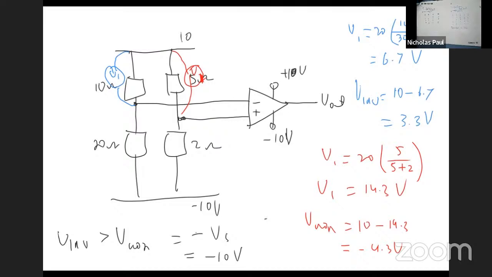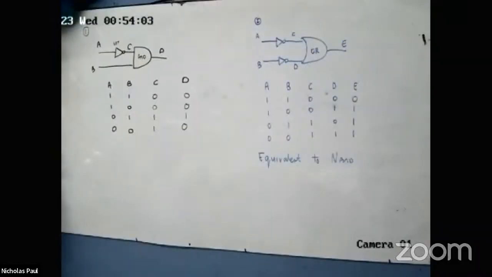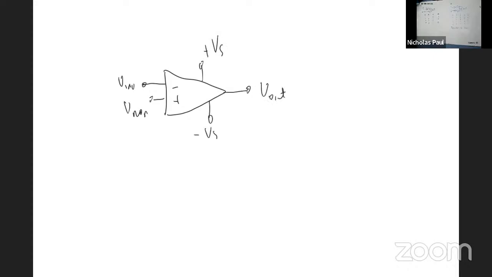So now we're going to move away from comparators. Oh wait, no, we have one more type of comparator to do. Remember what the comparator does? It takes the non-inverting input and the inverting input and compares them to give you the output.